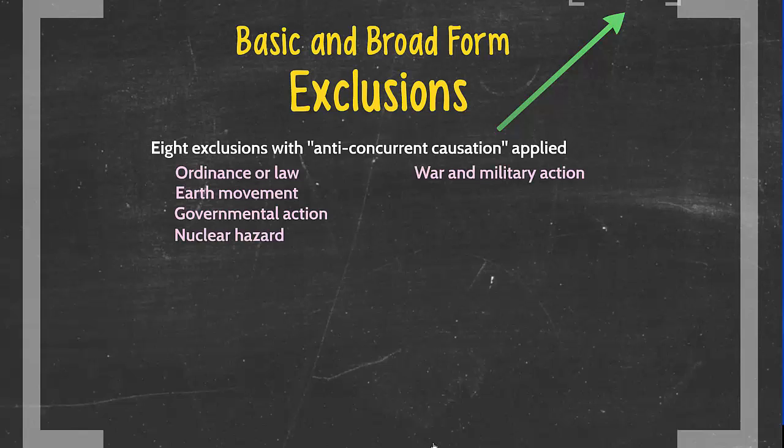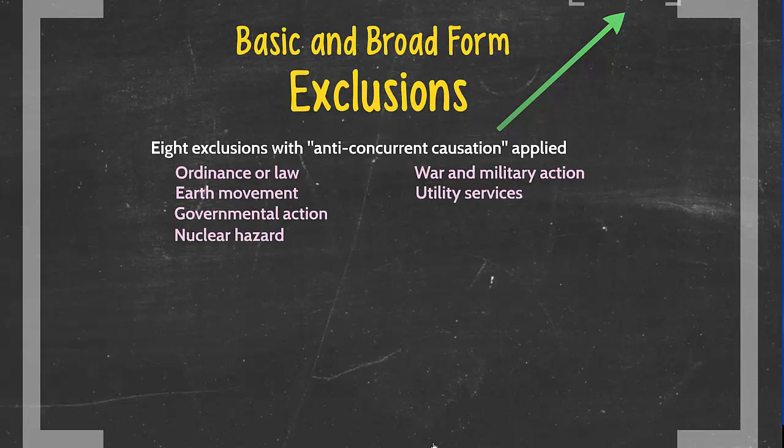Nuclear hazard, war and military action, utilities services, and let me talk about that one briefly. The utilities services exclusion eliminates coverage for losses related to the failure of power, communication, water, or other utility services to the described location if the failure originates away from the described location, or even if it originates at the described location, but because of a failure of equipment away from the described location.